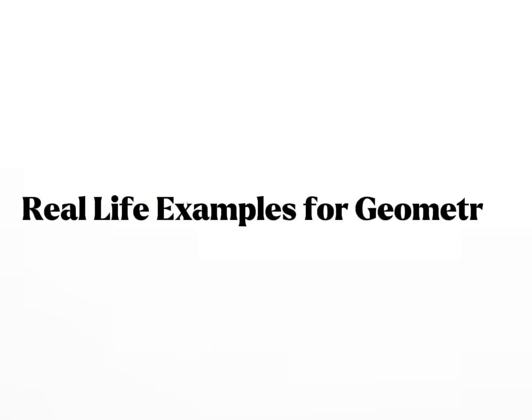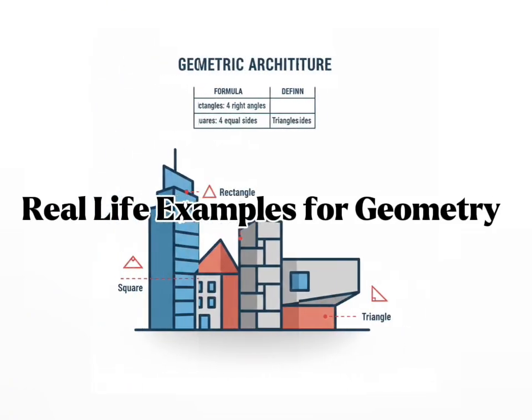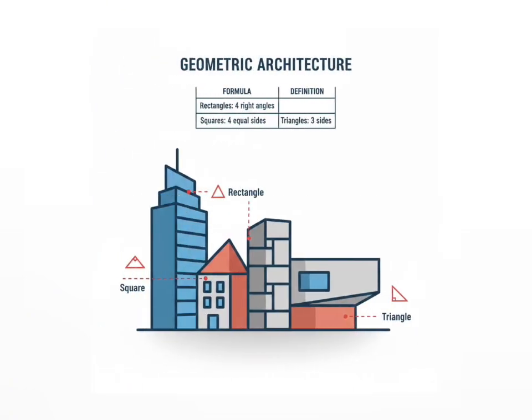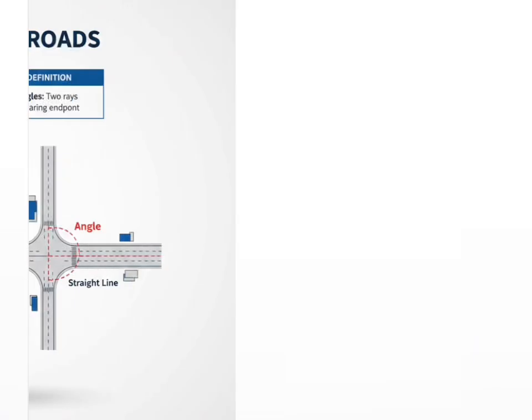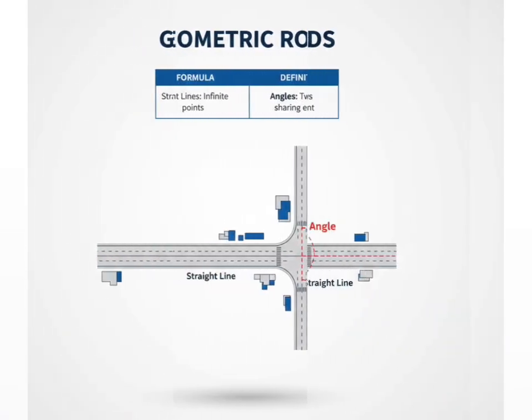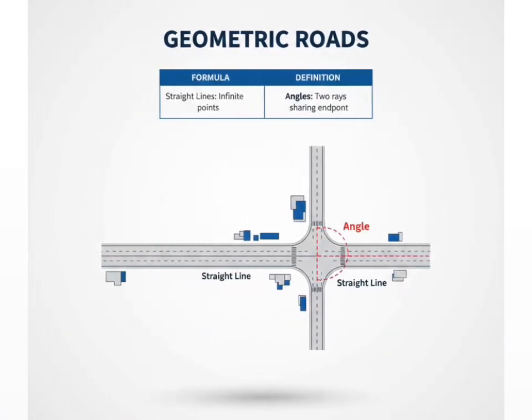Let's take some real life examples of geometry. Architecture. Here you can see triangles, rectangles, squares. Like you can see on the roads, there are angles, there are straight lines.